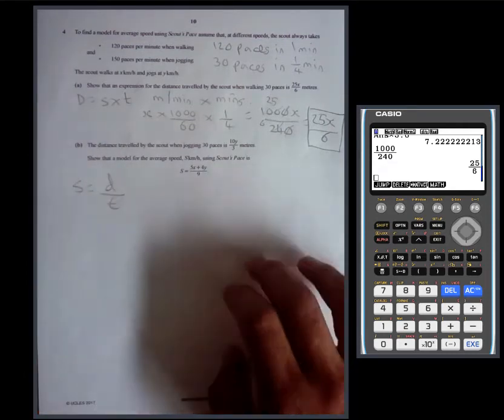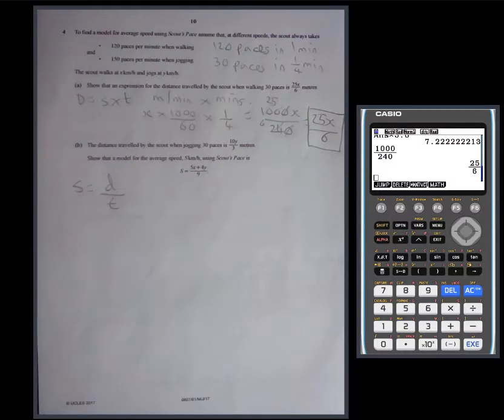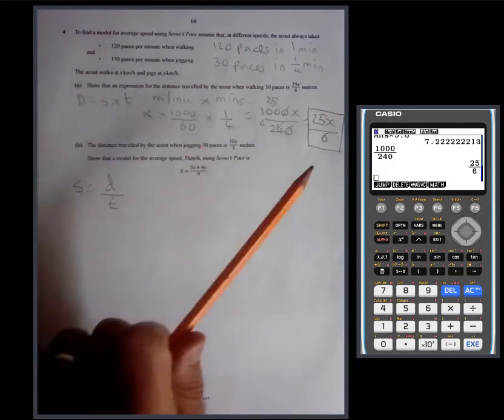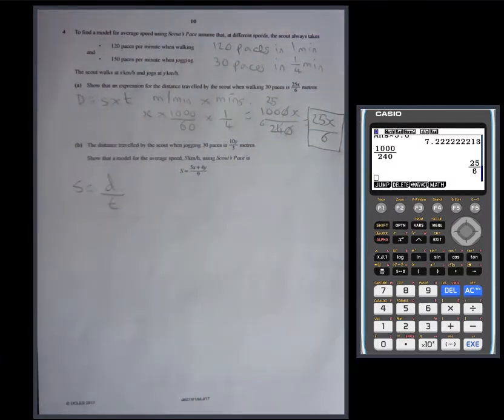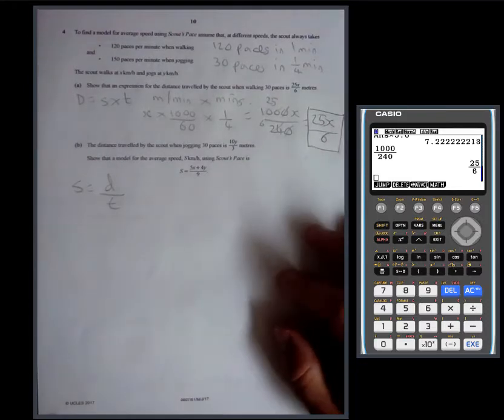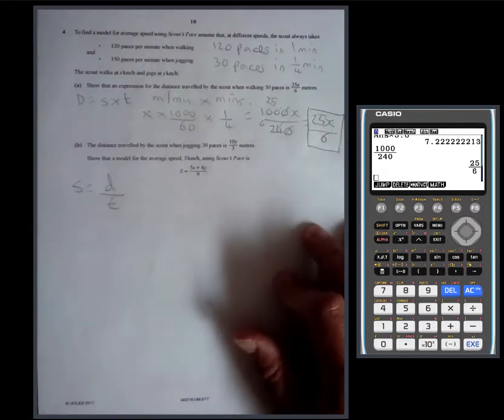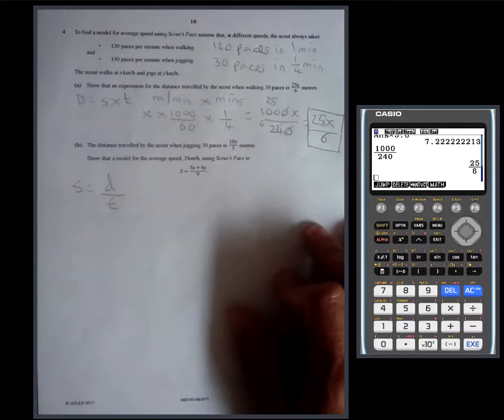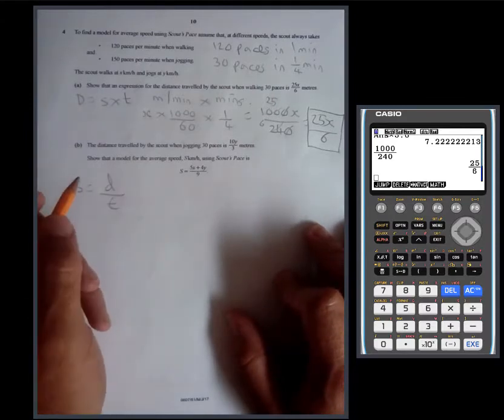So the distances, which are 30 paces, we have from A and B, we have two distances in meters and we already have a time in seconds. So we should be able to get an expression for a speed in meters per second quite easily, and then we're just going to have to change that into kilometers per hour. I imagine there's going to be some quite hefty simplifying to do, but you would get marks just for seeing the initial bit, so I do think that's the way to go.